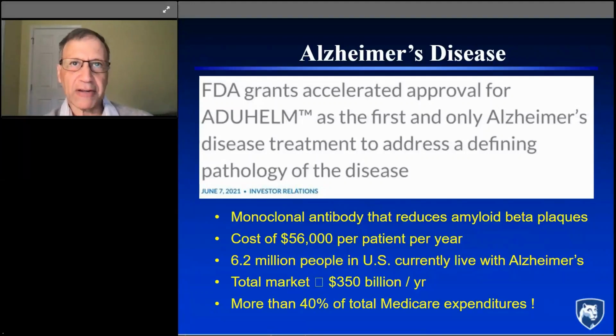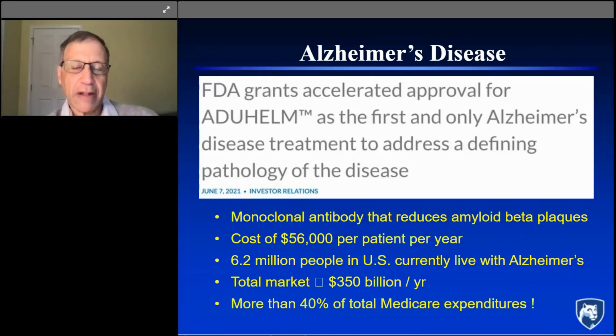Now, this is particularly important for some of the newer applications of monoclonal antibodies. As I mentioned, the FDA granted accelerated approval for Biogen's therapeutic antibody for the treatment of Alzheimer's just this past summer. It's a monoclonal antibody that has been shown to reduce amyloid beta plaques. The cost when it was introduced was $56,000 per patient per year.